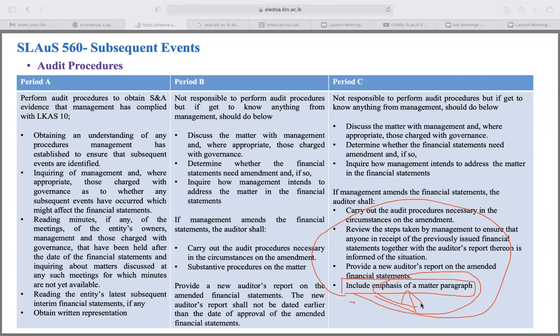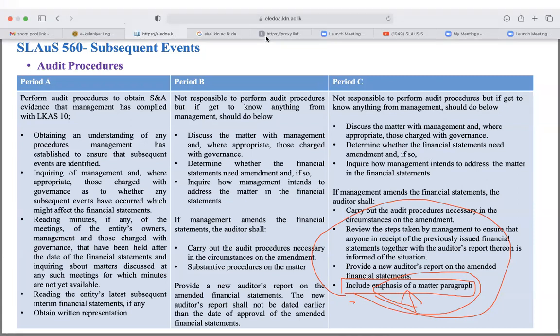Am I clear? Am I clear about the 3 periods? Any concerns? Clear or not?